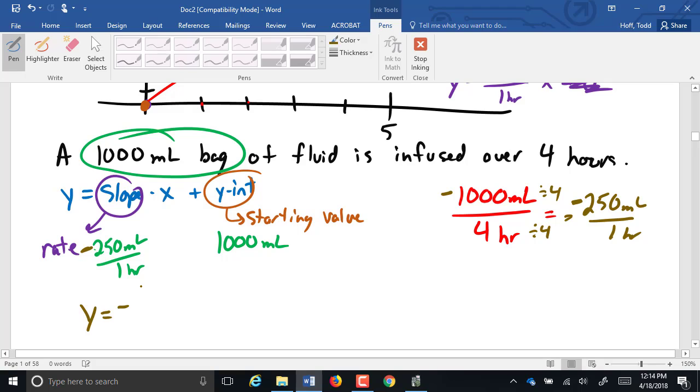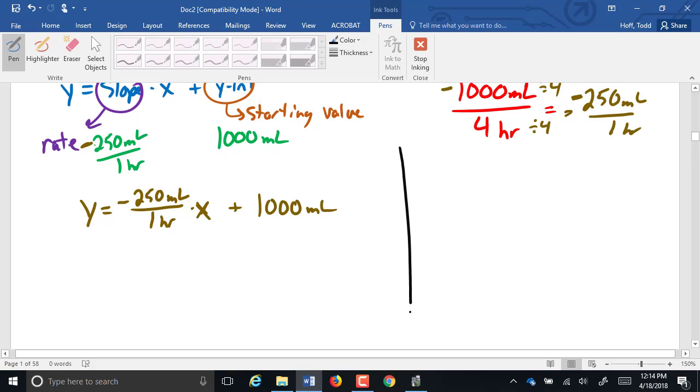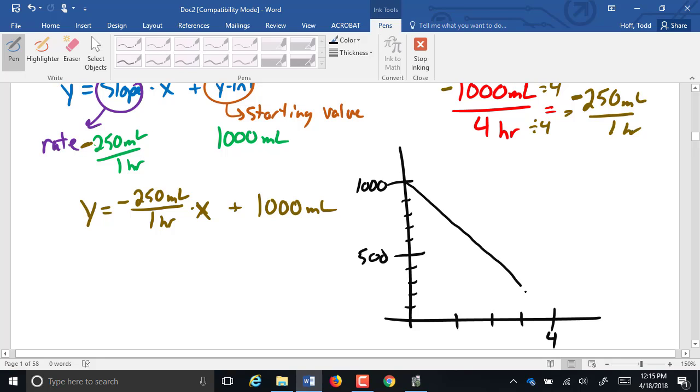So the volume in the bag is negative 250 milliliters per 1 hour times x plus 1,000 milliliters. If I wanted to graph that, it's going to look just like that.